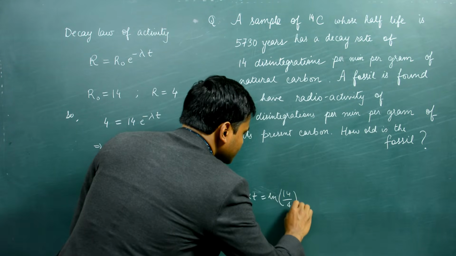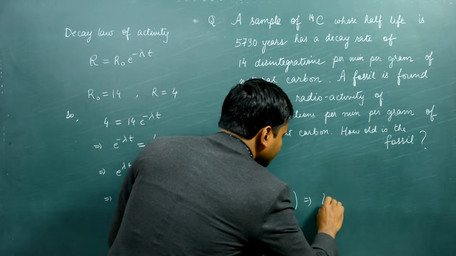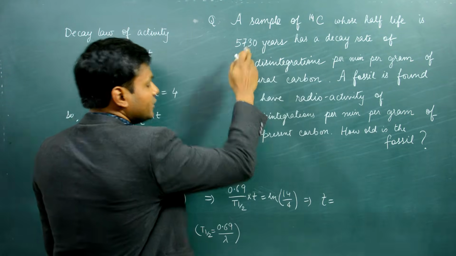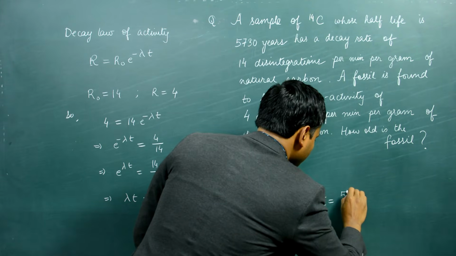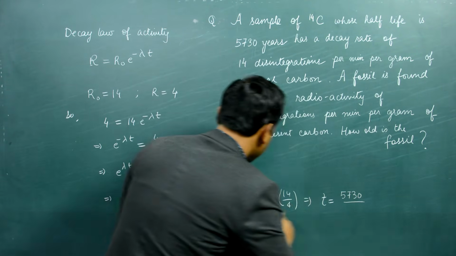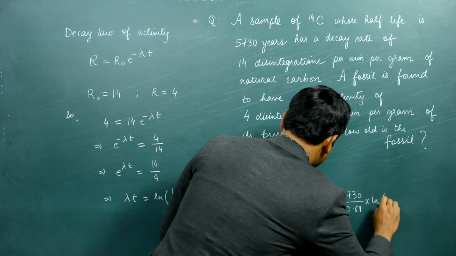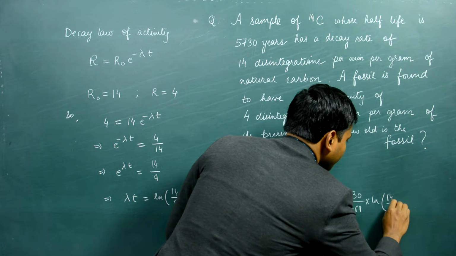So the final expression then becomes time period is equal to the half-life, which is nothing but 5730 years, divided by 0.69 multiplied by ln 14 by 4.